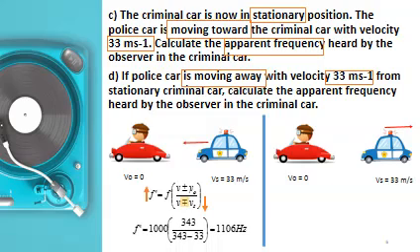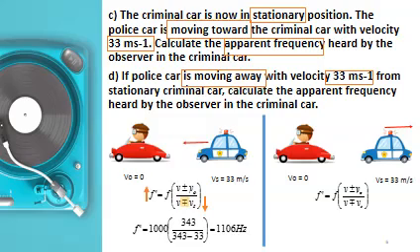So plug in all the information that you have: 1000 times 343 divided by 343 minus 33. Therefore, you get 1106 Hz. So 1106 Hz is larger than 1000 Hz.